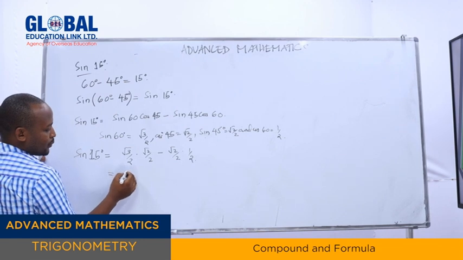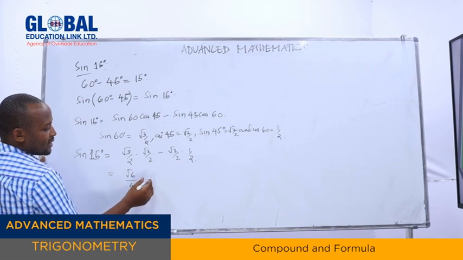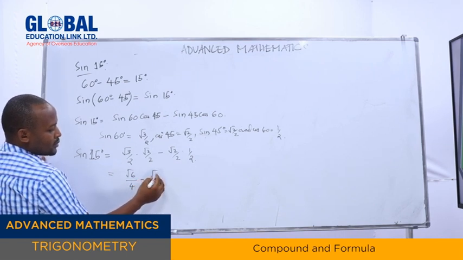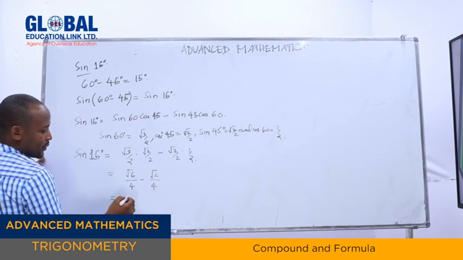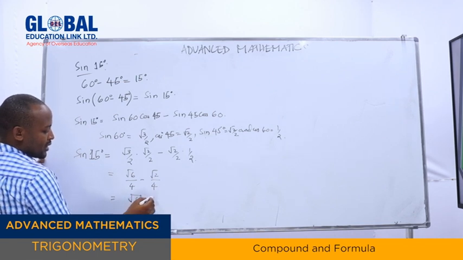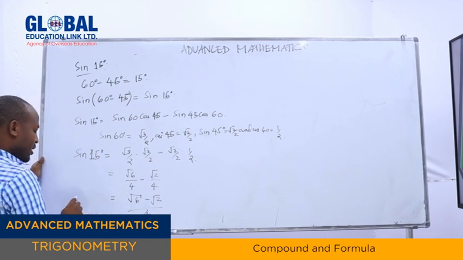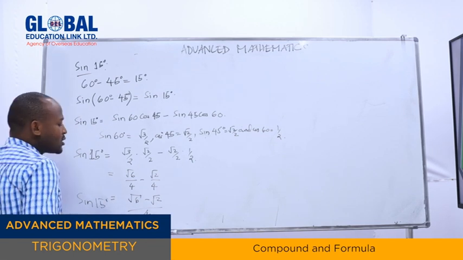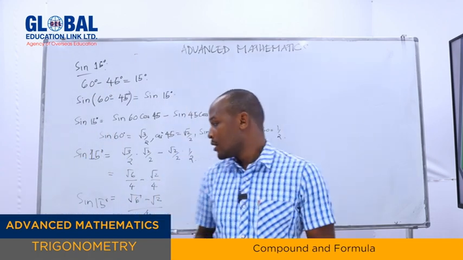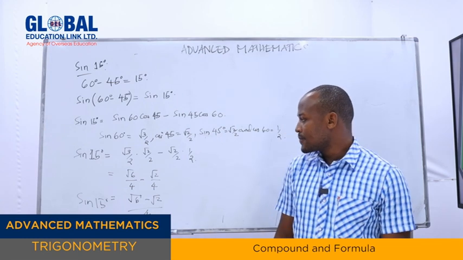It will be equal to root 6 over 4 minus root 2 over 4. That is to say, we are left with root 6 minus root 2, all over 4. This is sine of 15. If you can simplify that further than where I've reached, then you can go on and simplify it.